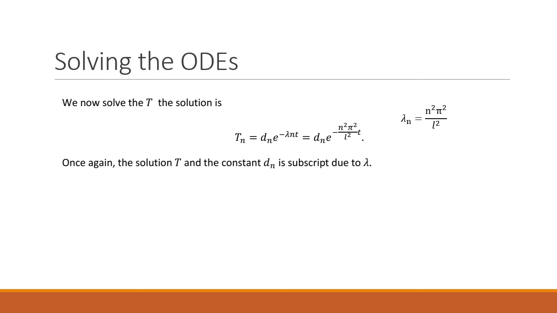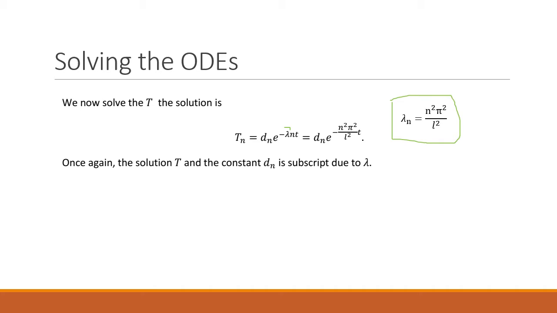Okay, so now macam mana nak solve for T. Okay, dekat sini kita dah bagi solution. Solution dia untuk Tn kita akan dapat Dn exponent minus lambda n T. N ni adalah subscript, T sub n equal to Dn exponent minus n square pi square over L square T. Okay, di mana lambda n kita daripada yang kita dapat daripada X tu, lambda n kita adalah n square pi square over L square.